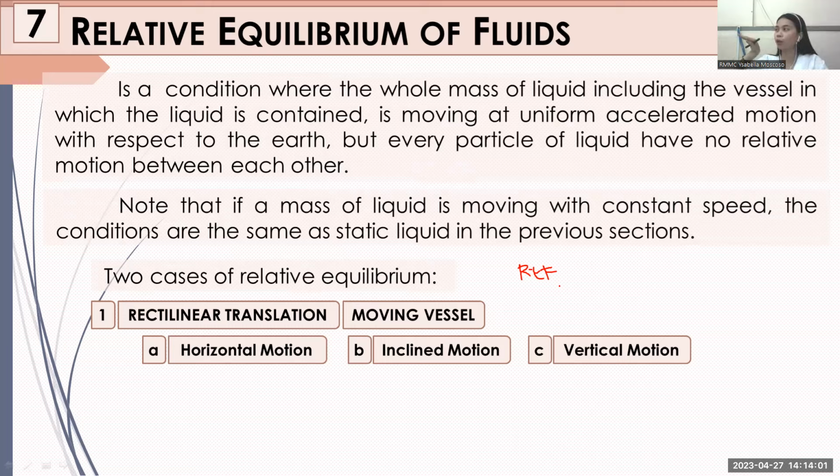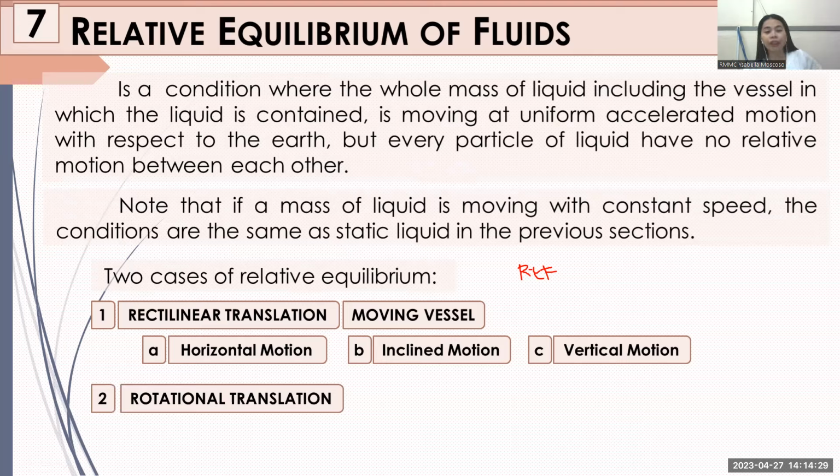If the bus is going this way, kayo na nakaupo, yung motion niyo is para kayong nagtitilt, opposite to the direction of the movement of the jeep. That is because of your reverse effective force, because the movement of your reverse effective force is opposite to the direction of your acceleration. I hope I'm making sense by that one.